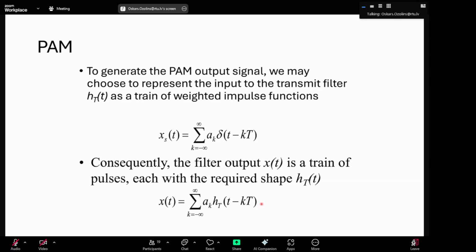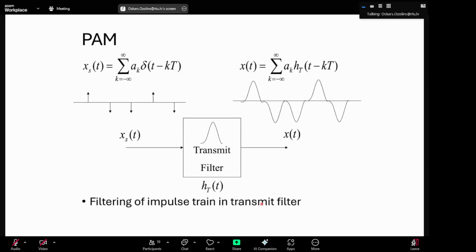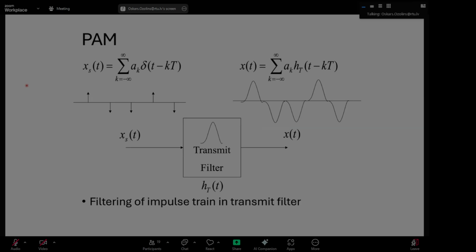So let's look a bit more at visualization. For example, if you have digital signals going through the filter, then you get an analog signal, you get the pulses. I think here you also need a bit more than one pulse to get this shape of signal, just for visualization of what you do when you filter the impulse train with the transmitter filter.